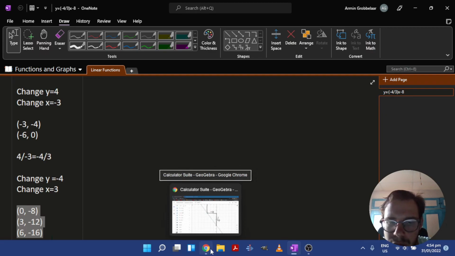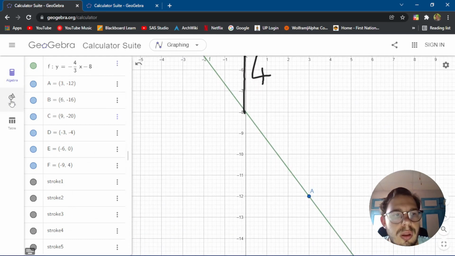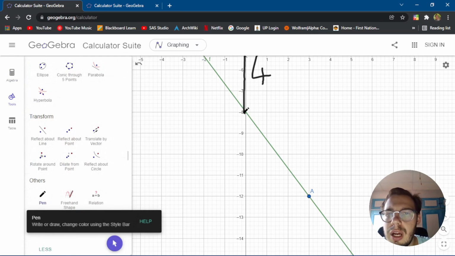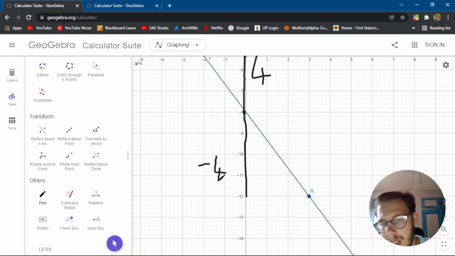So remember, we have our point here, 0, minus 8, and because the change in y is negative 4, we move down 4 points. So from 0, minus 8 we move down 1, 2, 3, 4, and because the change in x is positive 3, we move to the right 3, so you move 1, 2, 3, and there's our point.